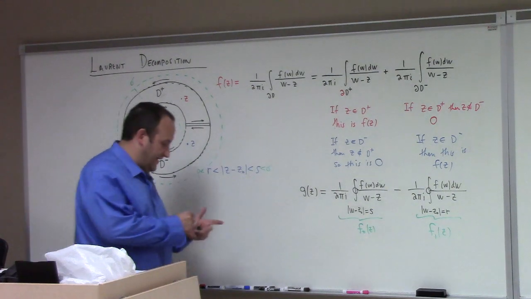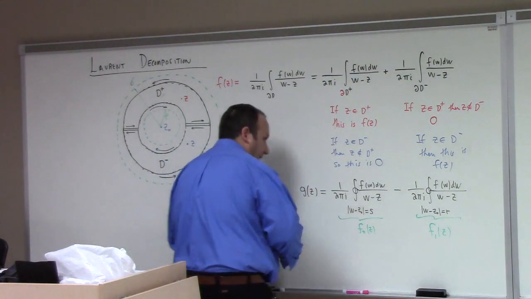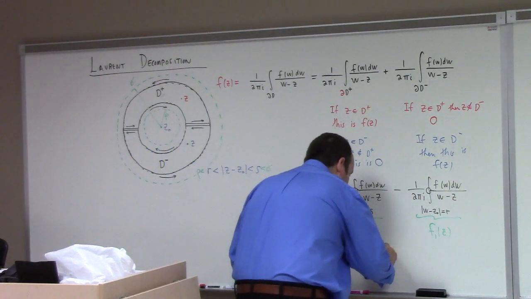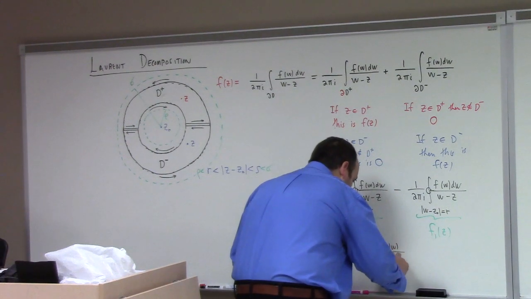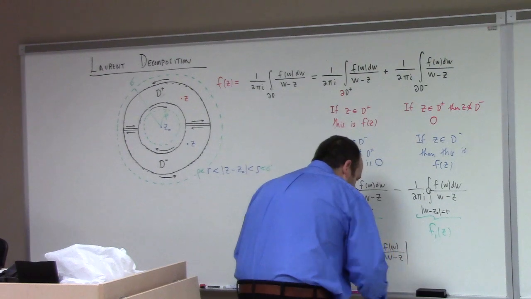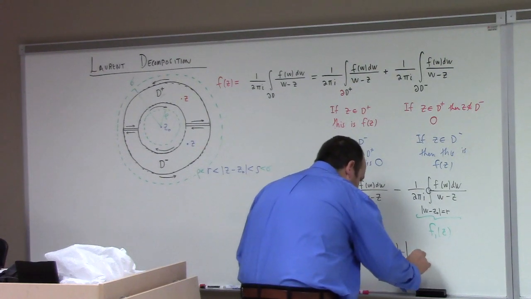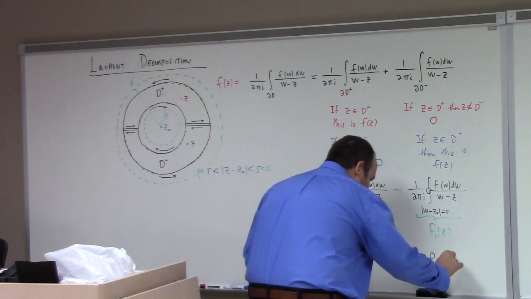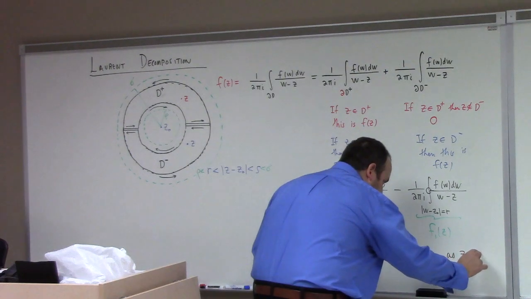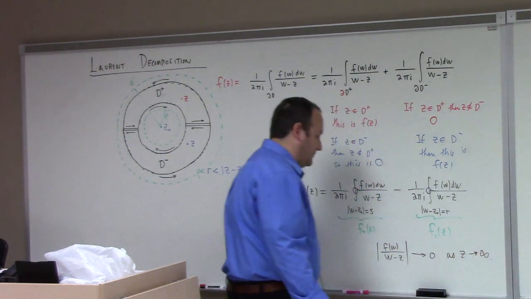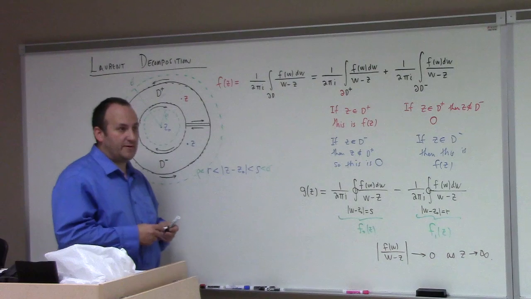Essentially, the point is that as Z goes to infinity, you can bound. You can look at F of W over W minus Z, right? And you can see that that's going to 0 as Z goes to infinity. I'm being a little bit sloppy here, but you could supply details to make that rigorous.